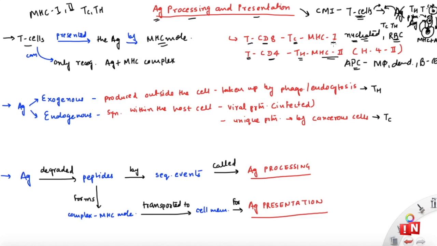Would these antigen presenting cells also express MHC class 1? Think about it. Yes, of course. Why? Because they are also nucleated cells. So antigen presenting cells will have MHC class 1 as well as MHC class 2, right? Because they are nucleated cells. But not all nucleated cells can express MHC class 2. Think about what I just said.